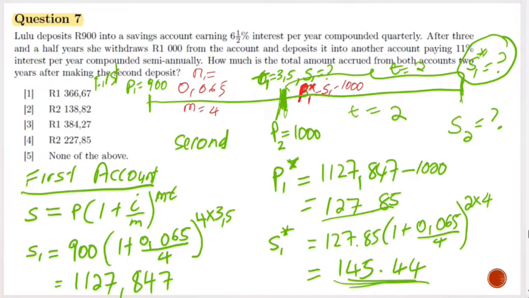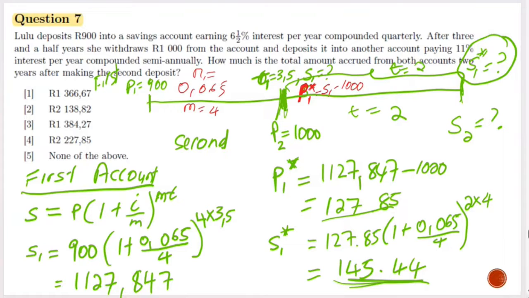So I'm getting 145, and that's what I'm going to get at the end of the period for this account. If I invest money in the bank and take some of it out somewhere, the money left in the bank is going to be calculated using the original amounts, but for the rest of the period.